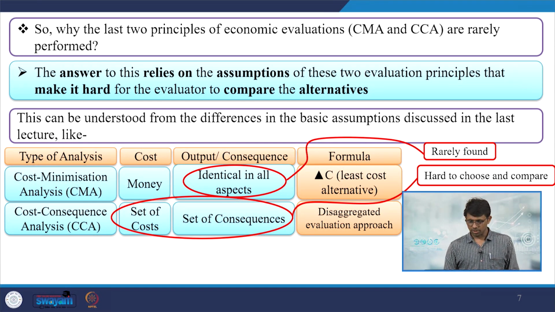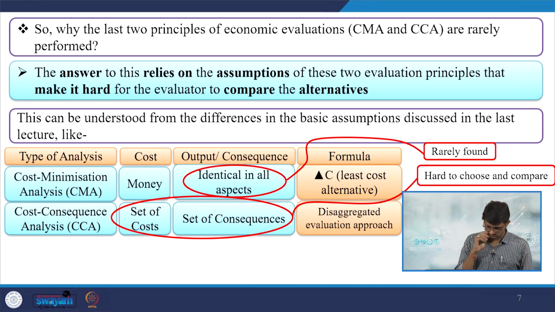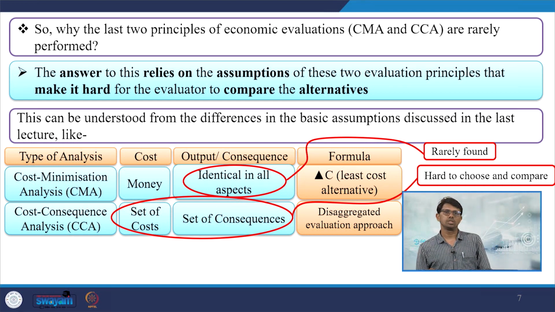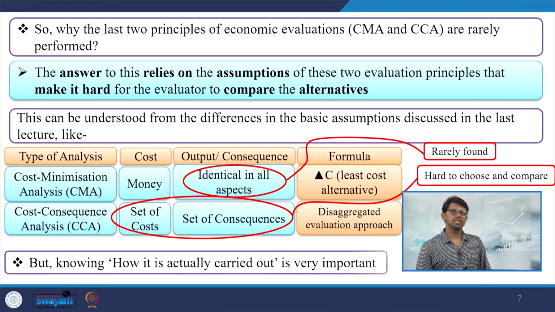Especially in the CMA method, output is assumed to be identical in all aspects, however this is very rarely found. With CCA, that is cost consequences analysis, the set of costs and their set of consequences are really hard to choose and compare. That is why CMA and CCA are less used, but knowing how they are carried out is very important.